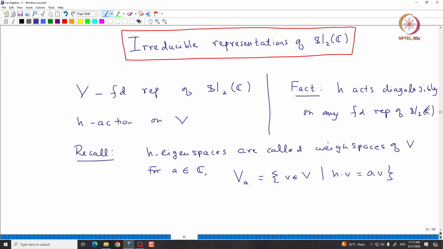We are suppressing the notation. By representation we mean a map phi from sl2 of C to GL of V. That map phi is suppressed. We are just writing H dot v for phi of H applied to v. If V_a is non-zero, then it is called an eigenspace, also called a weight space in this setting.